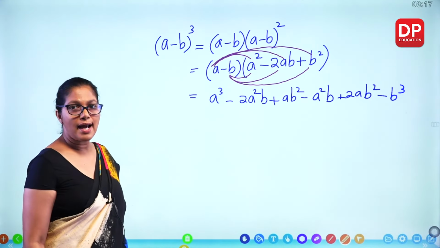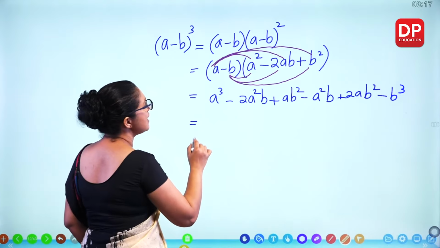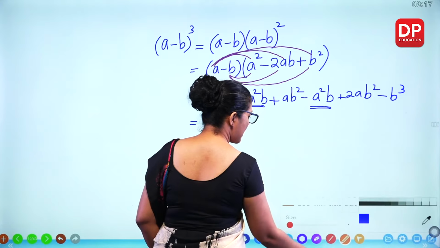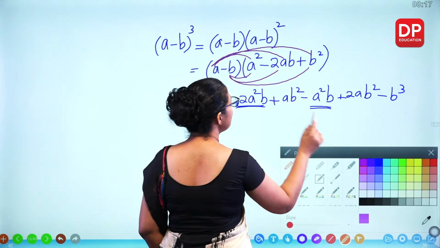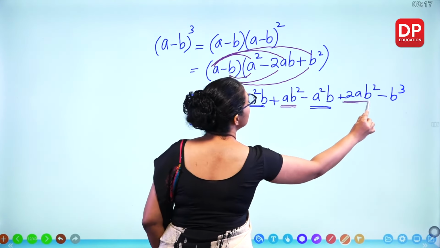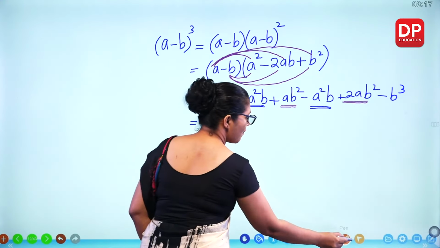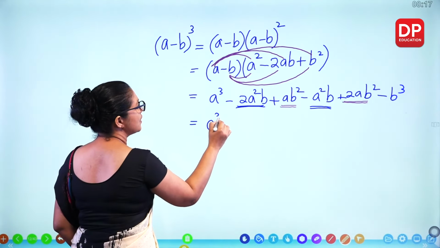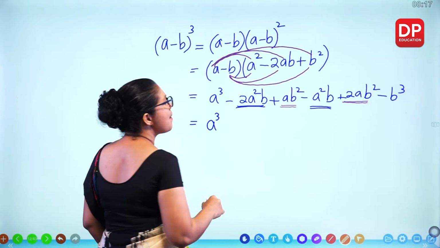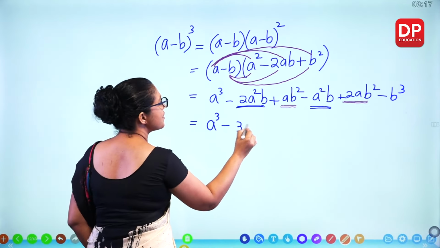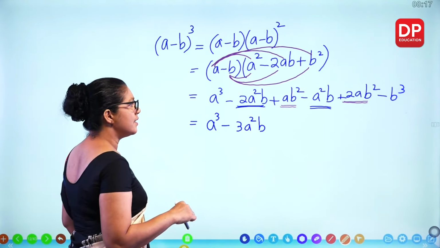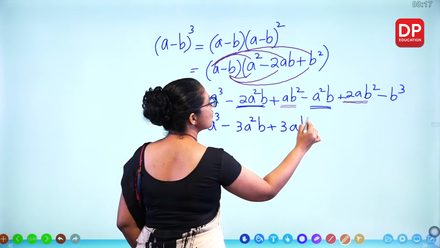Now see whether there are like terms to simplify. I see this term and this term are like terms, and again I see this one and this one like terms. So I can simplify. So when I simplify, what I get? A cube. Minus 2a squared b minus a squared b, you get minus 3a squared b. Other one, plus ab squared and plus 2ab squared, you get plus 3ab squared.